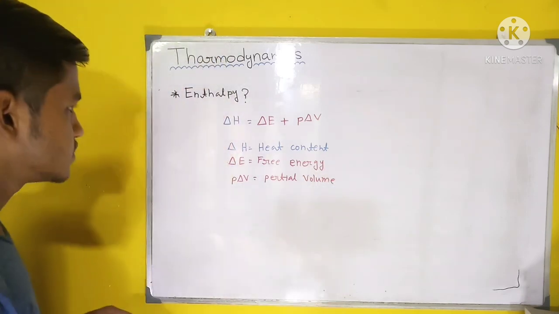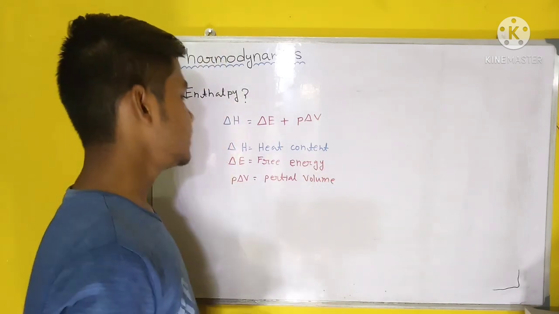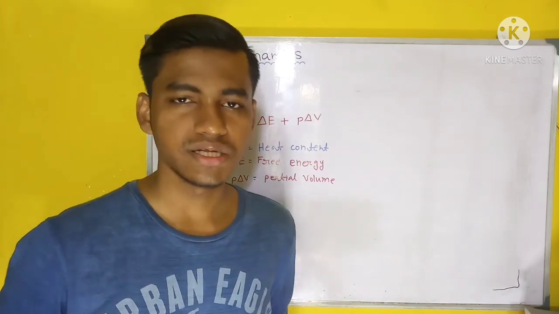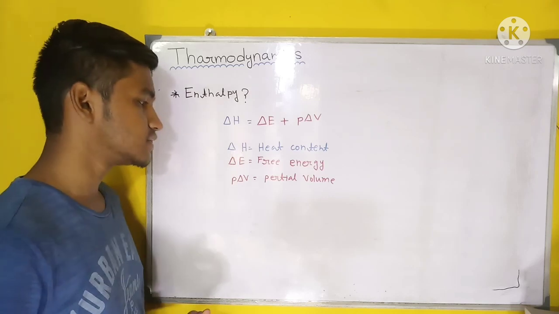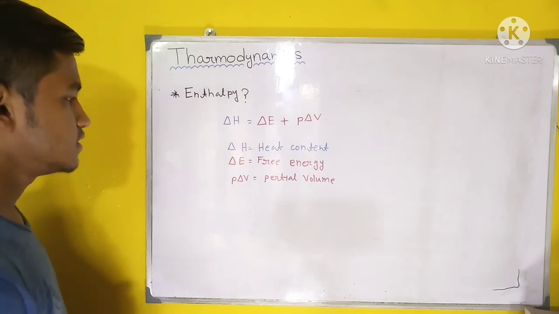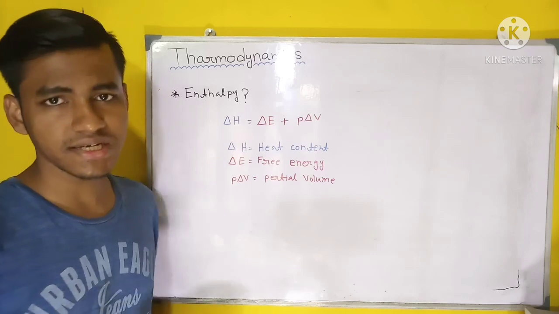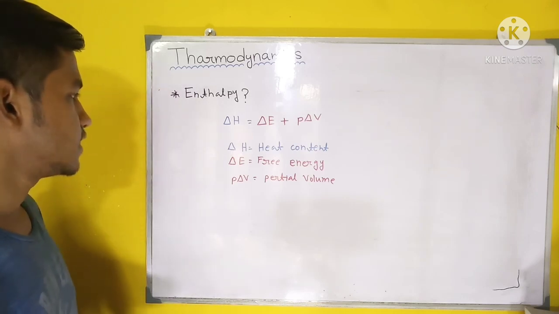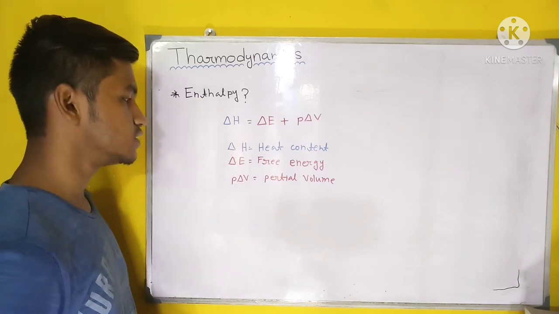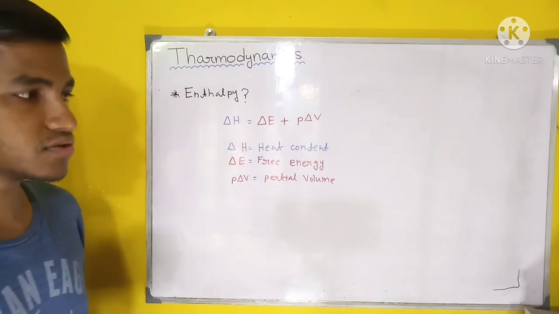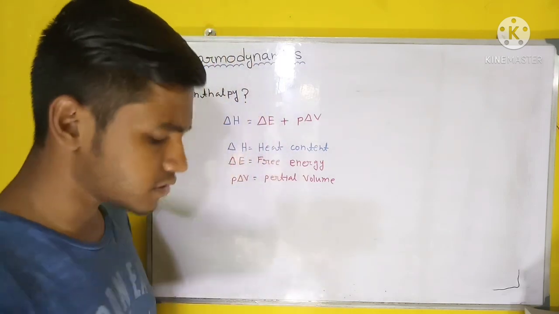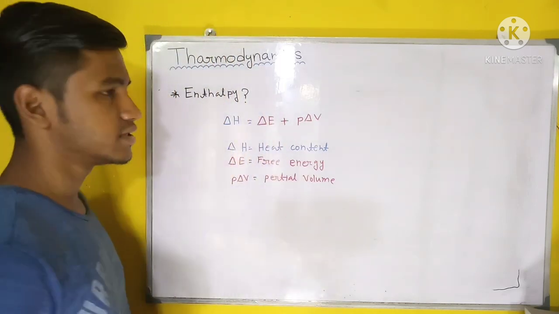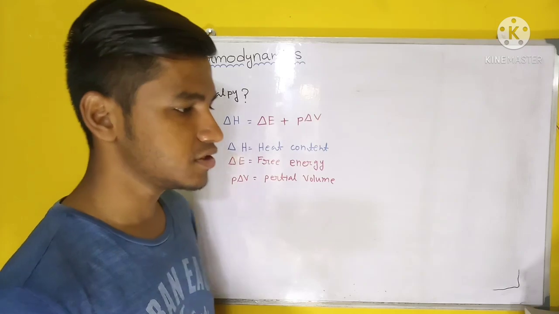So from this equation we can say that enthalpy is the heat content, which is the summation of free energy and partial volume, denoted by H. And sometimes enthalpy is negative, sometimes enthalpy is positive. It depends on the conditions.